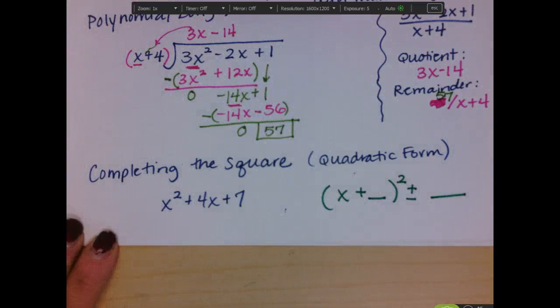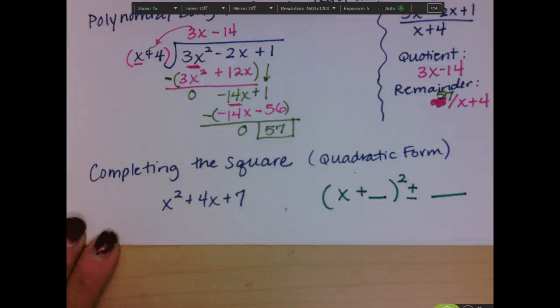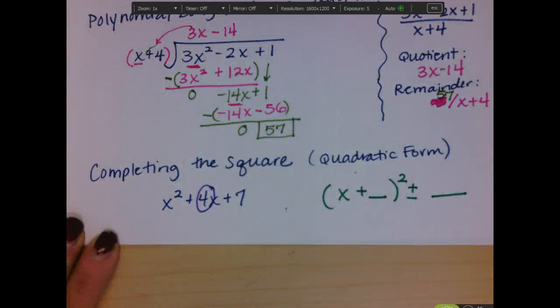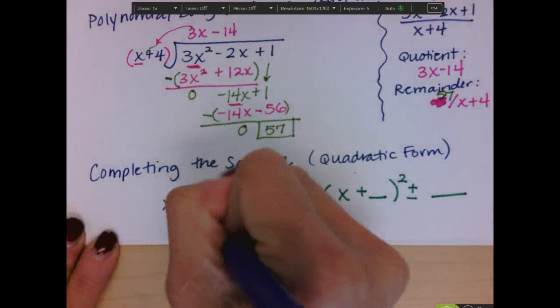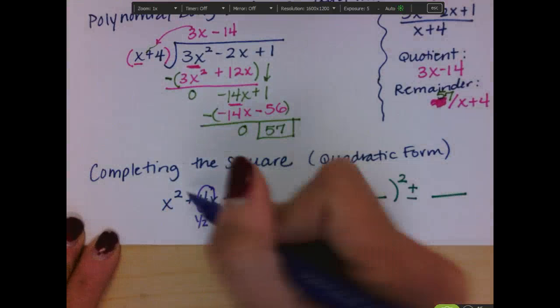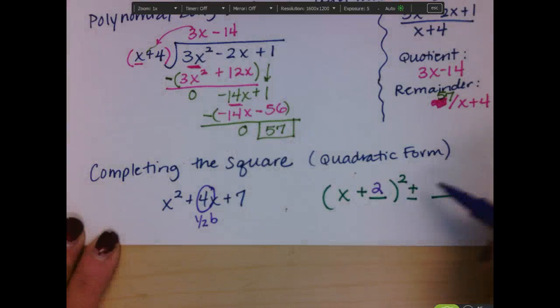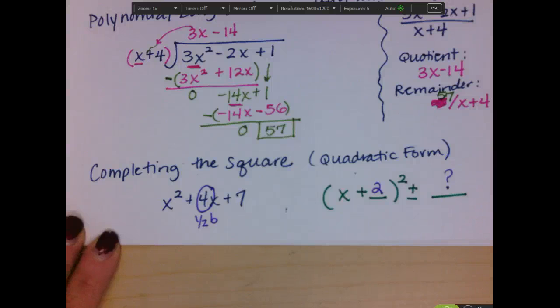So lots of different ways that people memorize the completing the square process. Generally what we do is we take half that middle term, and that gives us a 2. And then we add or subtract some constant in order to adjust that expression so that what we have here is precisely equal to what we have here.